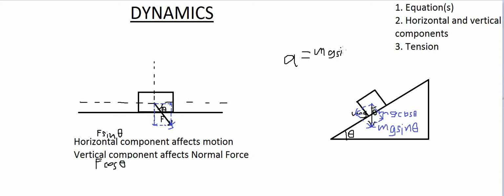The force is mg sine theta, so you find the acceleration is g sine theta. By the way, from this you can tell that the acceleration is independent of the mass of the object on the slope. So that's this part done.